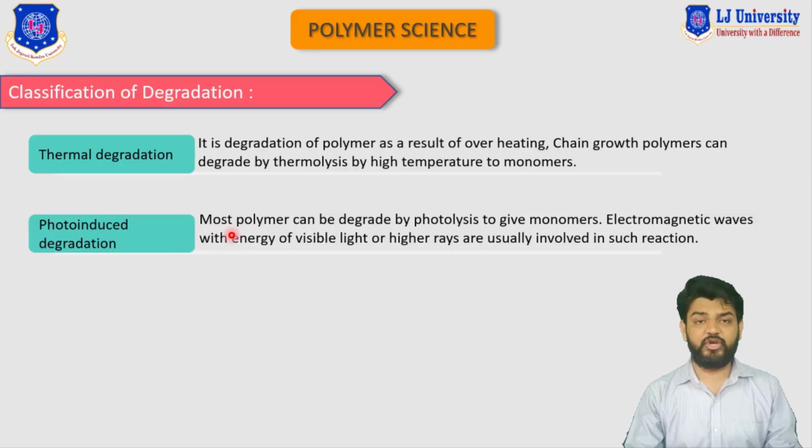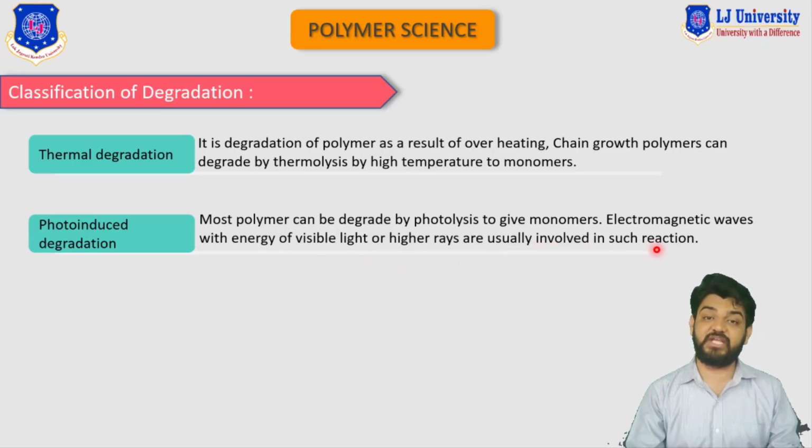The majority of polymers are degraded by this photo-induced effect. You can see here most polymers can degrade by photolysis to give a monomer. Electromagnetic waves with the energy of visible light or higher rays are usually involved in such reactions.